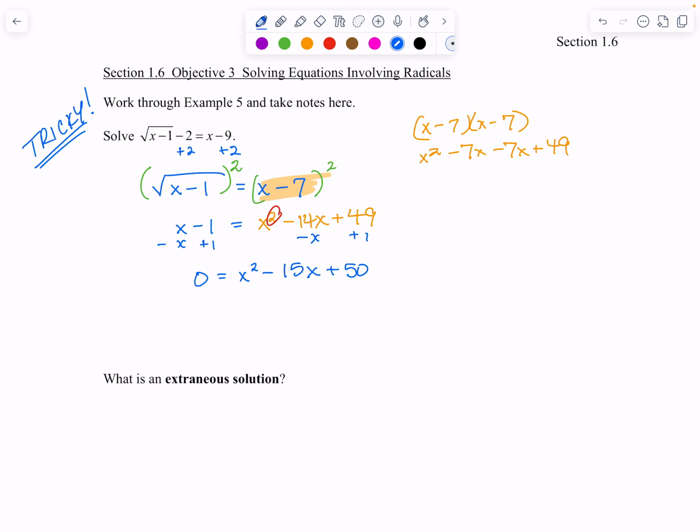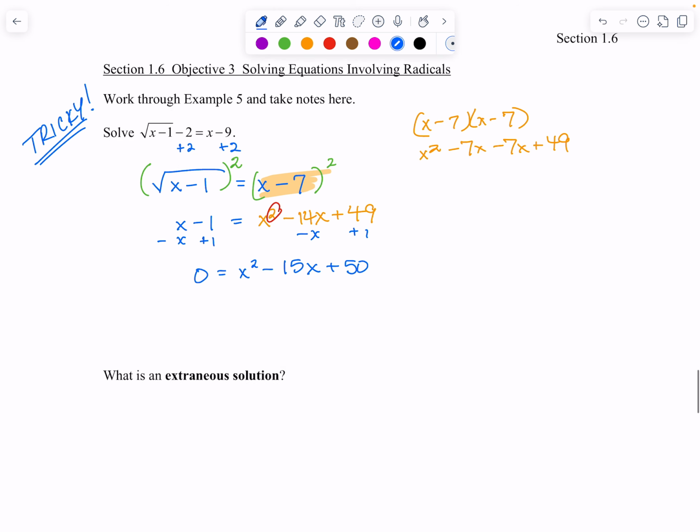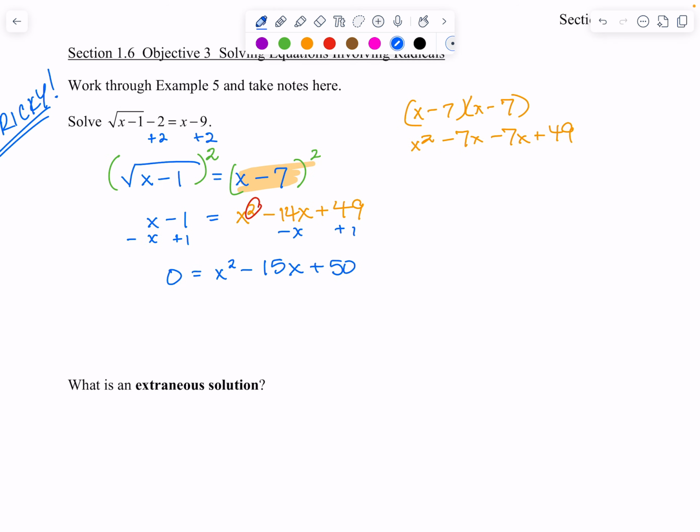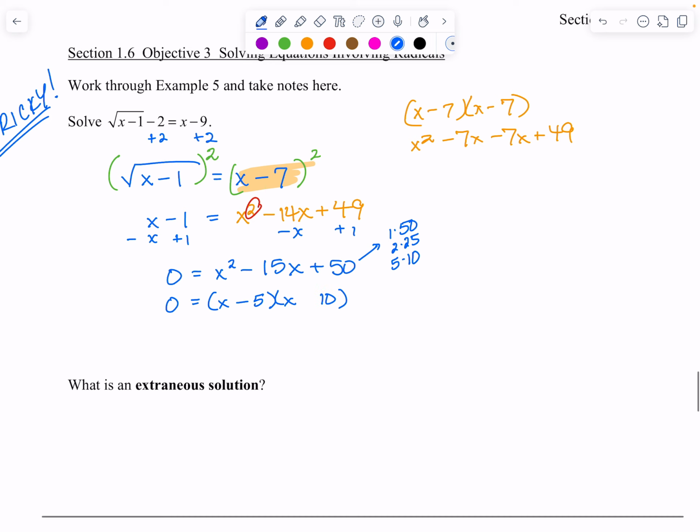For 50, I've got 1 and 50, 2 and 25, 4 doesn't work, 3 doesn't work, 5 works, 5 and 10. I think it's that, because it's got to add to give me 15. So let's put it in here, x and 5 and 10. It's got to add to give me a negative, so they're both negative.